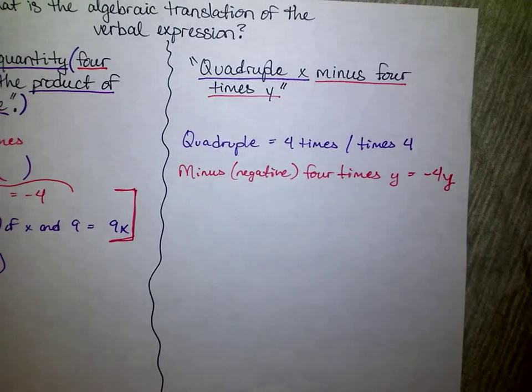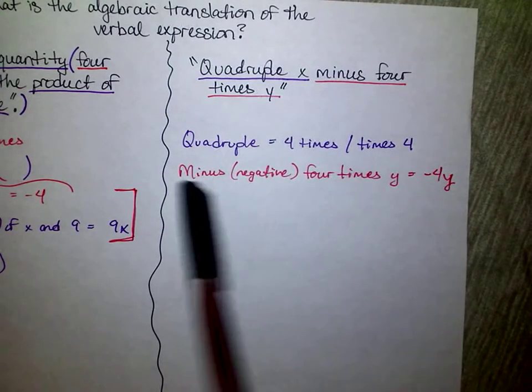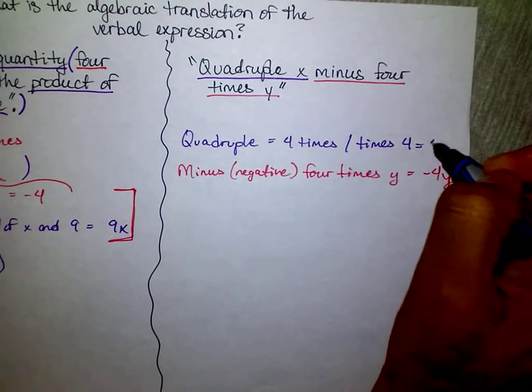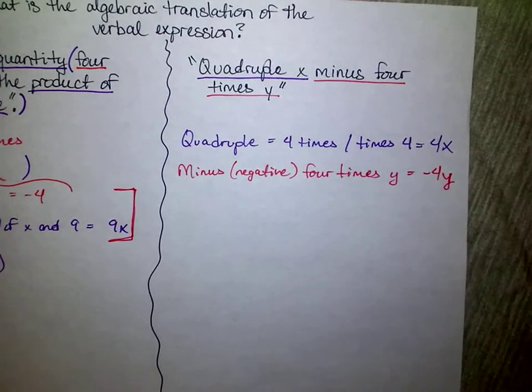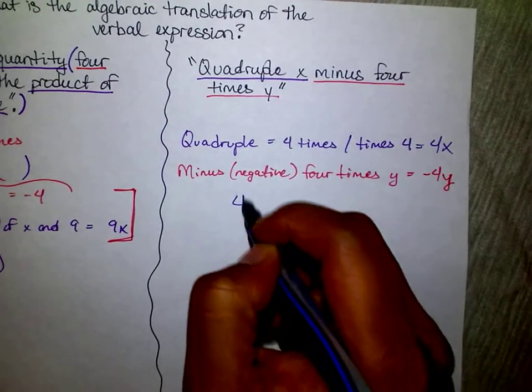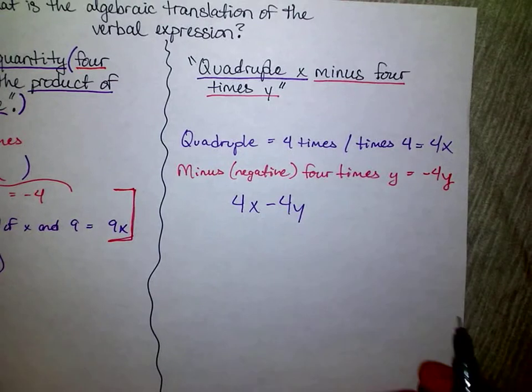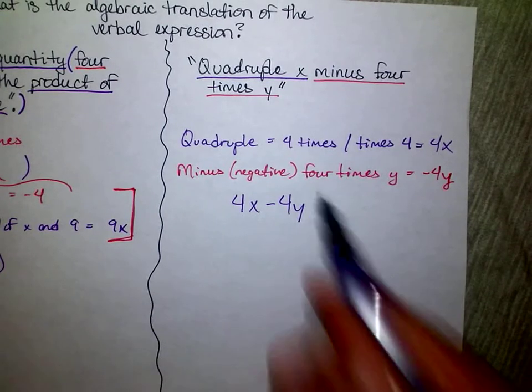Alright, so quadruple x, which is going to be 4 times x. Let me put that up here. Okay, so we're going to have 4 times x and -4y. Alright, and that's it right there, folks.